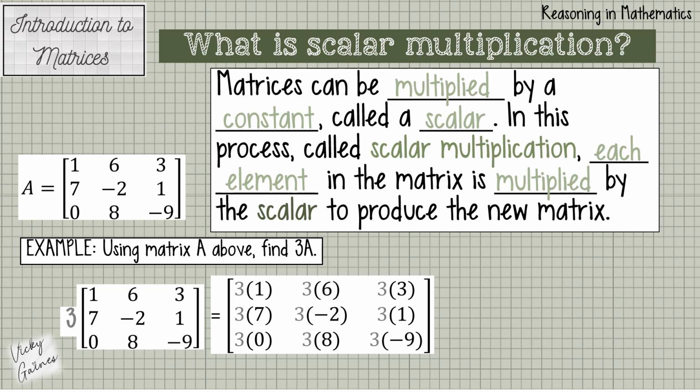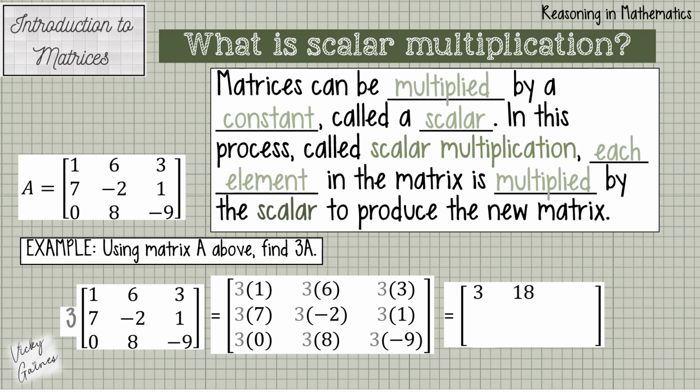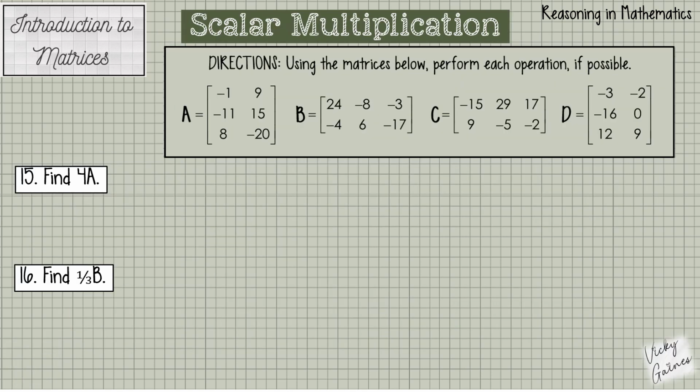To get our answer, we just need to write down what we got. So 3, 18, 9, 21, -6, 3, 0, 24, and -27. More scalar multiplication.